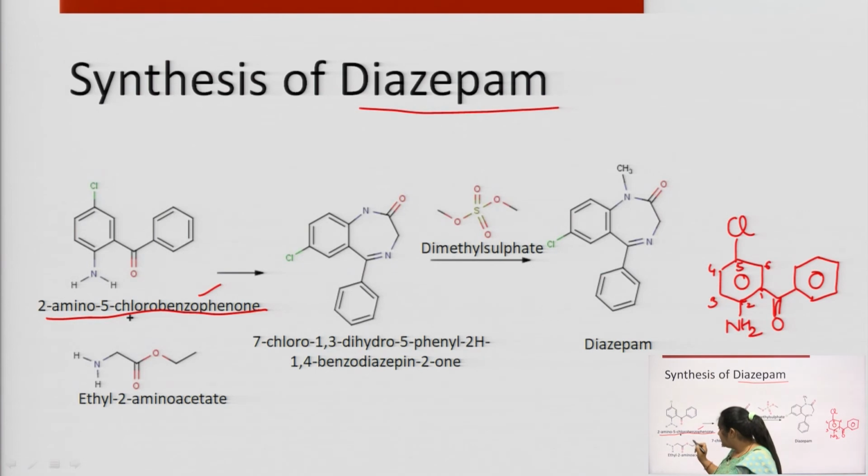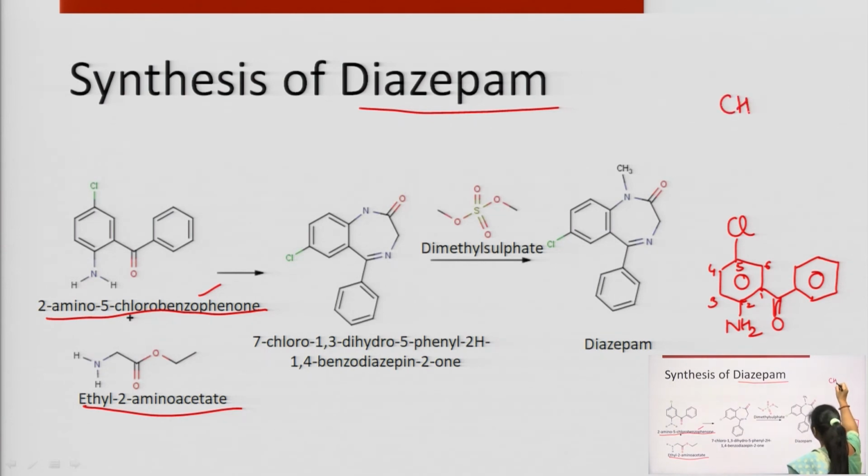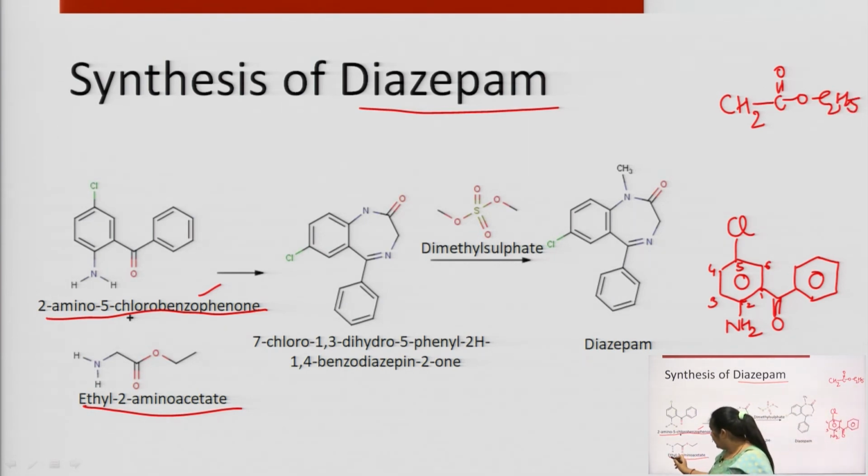When we react this with ethyl 2-amino acetate, first we will draw acetate. It's CH3, but we will take CH2 because it's substituted, C double bond O, and it's ethyl, C2H5. In ethyl 2-amino acetate, this is position number 1 and this is position number 2, substituted with an amine substituent.